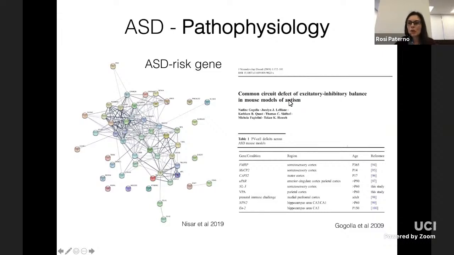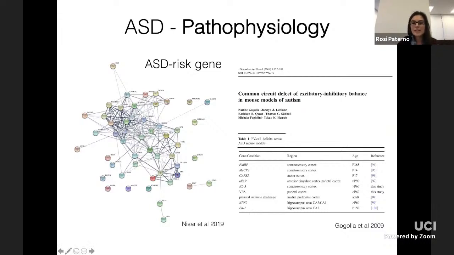Local circuit studies have identified, among all the interneurons, parvalbumin interneurons as a key cell. In humans and also in different animal models it has been shown that these parvalbumin interneurons are altered or reduced, as we can see here, in many different animal models.